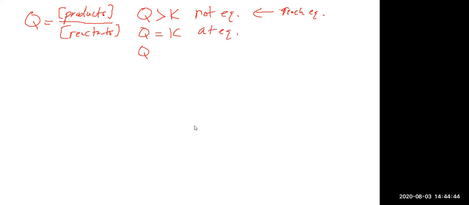And if you calculate Q and it's less than K, it means it's not at equilibrium, and to reach equilibrium, it needs to go to the product side. And again, Q is calculated the exact same way as K. It's just initial conditions in this case, and since you're not sure you're at equilibrium, it helps you determine if you are there or not.